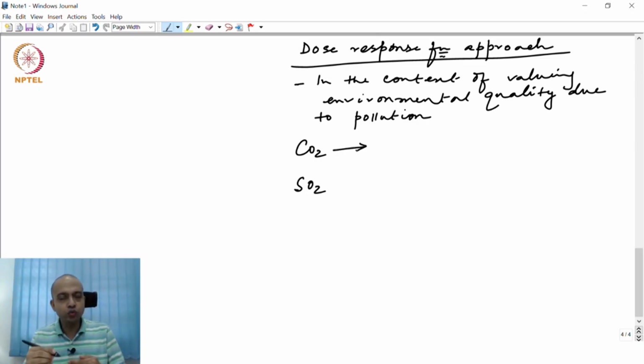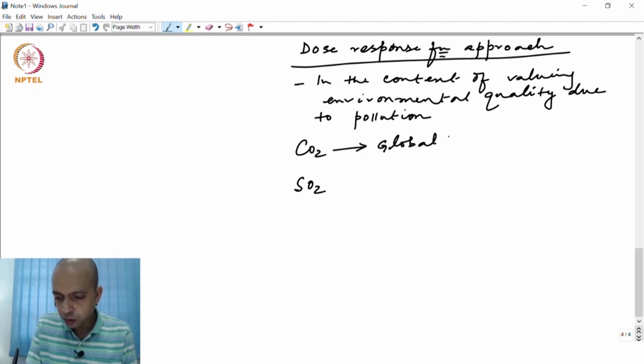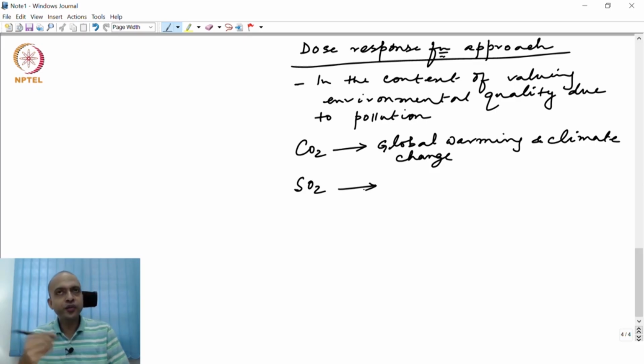This CO2 gets accumulated in the atmosphere, as a result of which global temperature increases, and we know the consequence of that is global warming and climate change. Similarly, when we generate SO2, that SO2 also travels from one country to another.